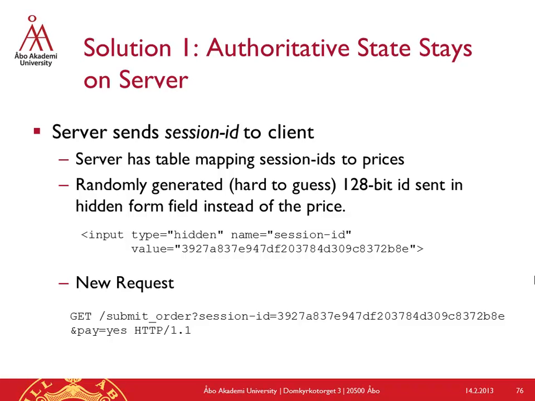The first solution is to use a session ID. We do not have to store any sensitive information about the price or money on the client side. We have to store it somewhere on our web server, and we have to connect this information stored on the web server with a client somehow. We are able to use a session ID to do this.